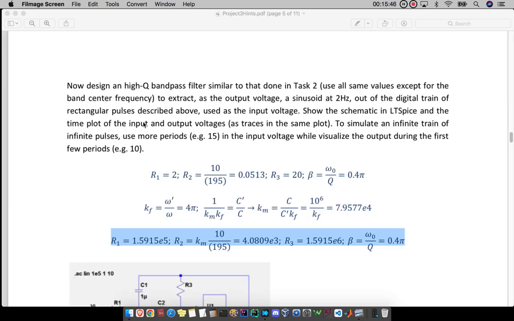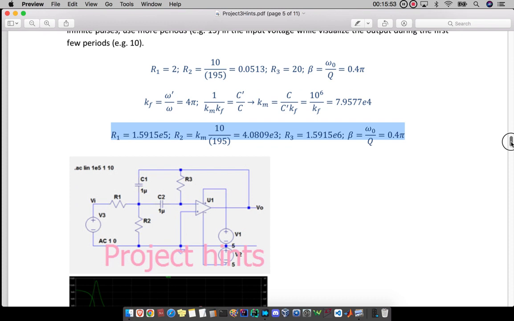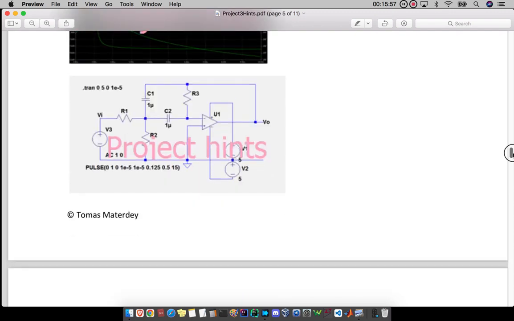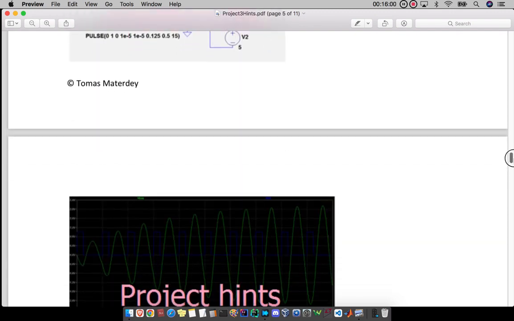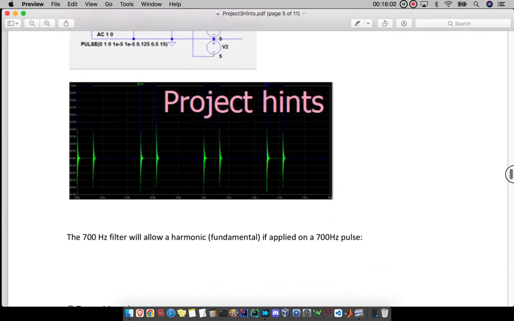So now, okay. For this, I only performed one schematic thus far, but based on the hints that I'm looking at here, we need to do more than just one.